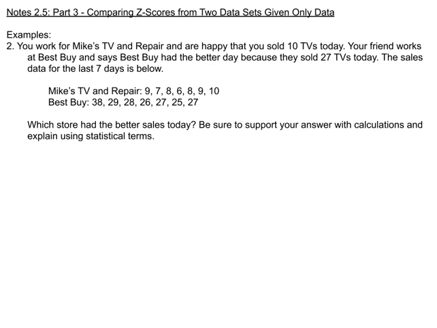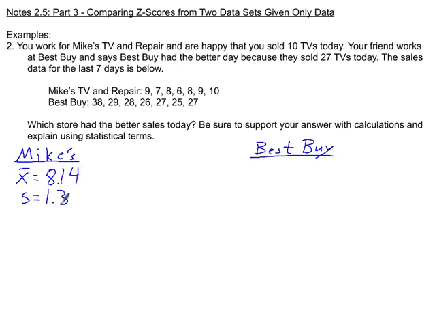Again, we need to use our graphing calculators to find the mean and the standard deviation of both data sets separately. So we have Mike's TV and Repair, and then we have Best Buy. At Mike's TV and Repair, using the calculator, we find that the mean is 8.14 and the standard deviation is 1.35.